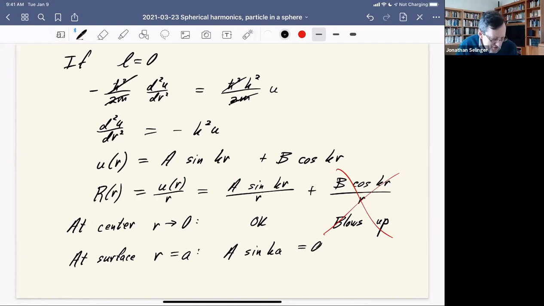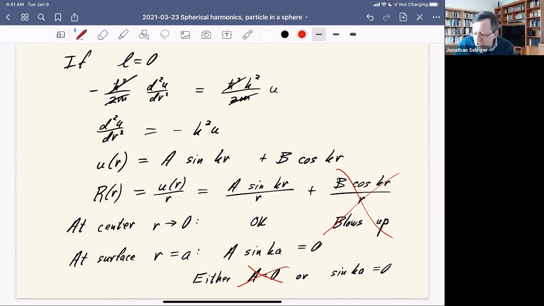So this is kind of just like a particle in a one-dimensional box, right? And so we say, well, either the amplitude A equals 0 or the sine of k times little a equals 0. But if capital A is 0, there is no wave function. So that's no good.